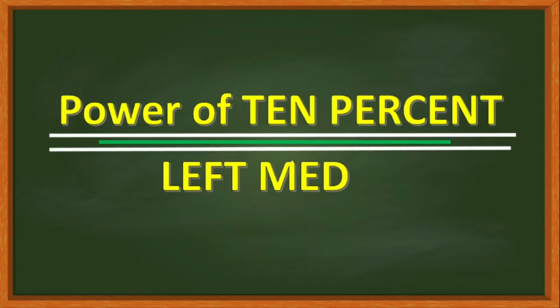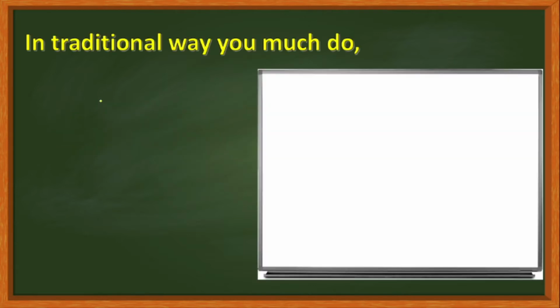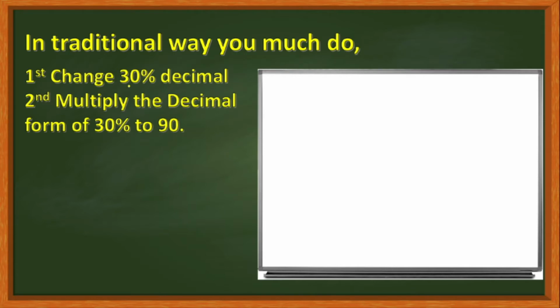But using this technique, the power of 10% and left method approach, this is a shortcut way. But let's think if the power of 10% or the left method approach is the easy way. Let's start. In the traditional way, again, you first change the percent, like 30%, to decimal.